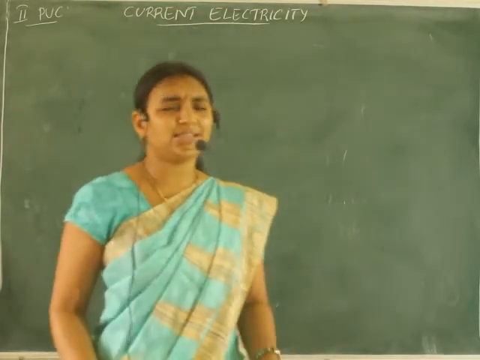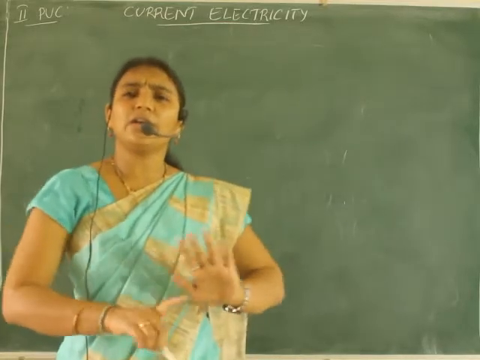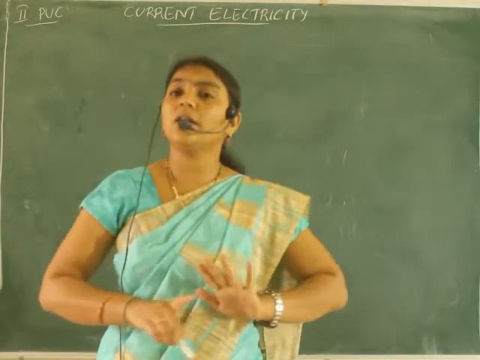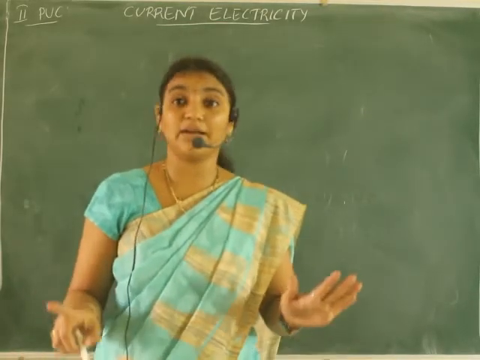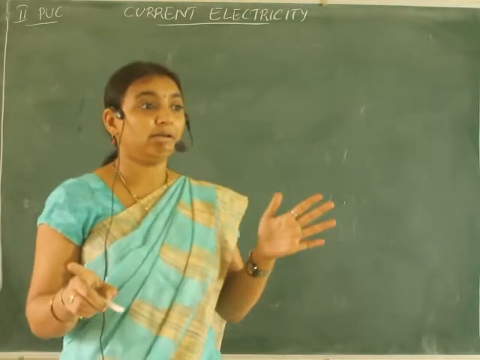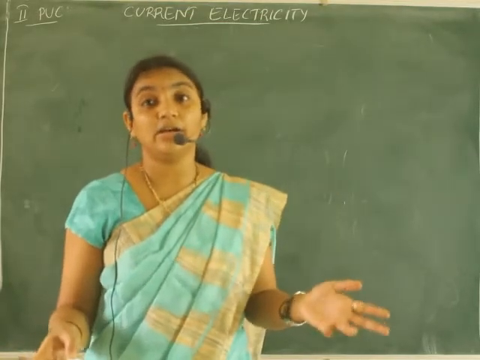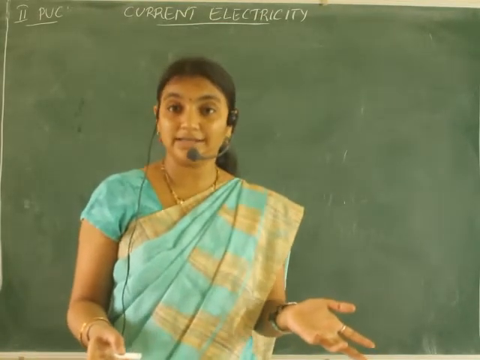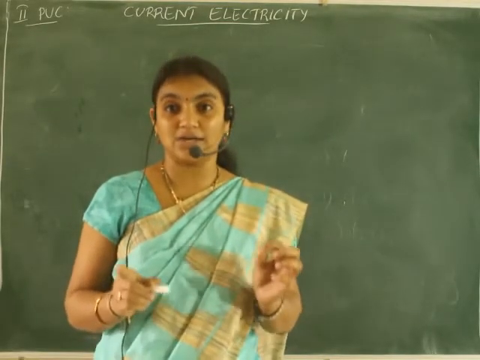Correct? Just like you people, you just see, all are not equal. All are not equal in all the matters. One might be good in studies, one might be good in sports, one might be good in traditional dances or singing, one might be good in Western. Correct? So each and every one is not the same.